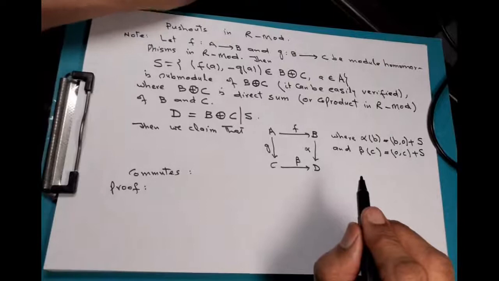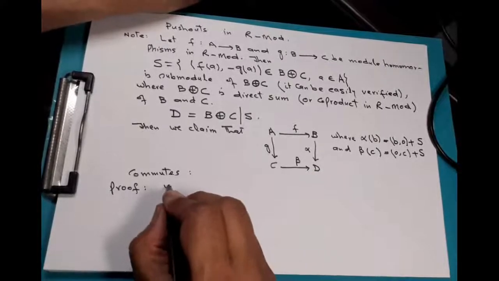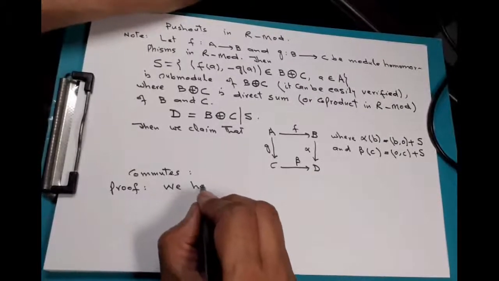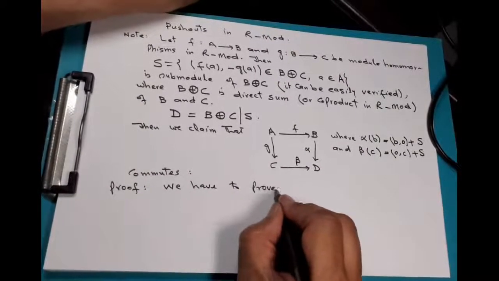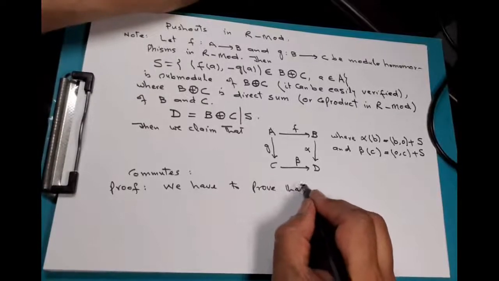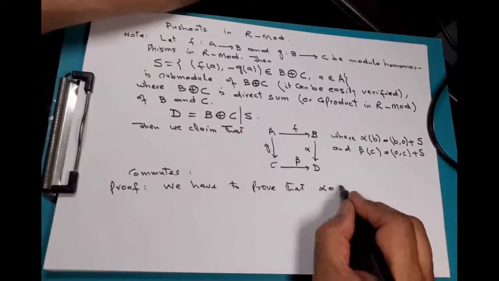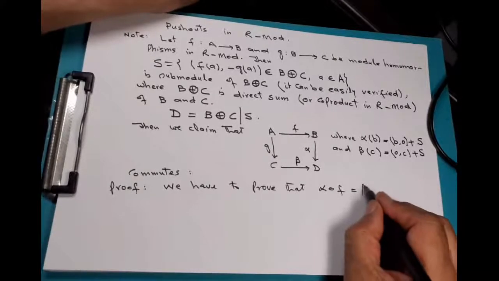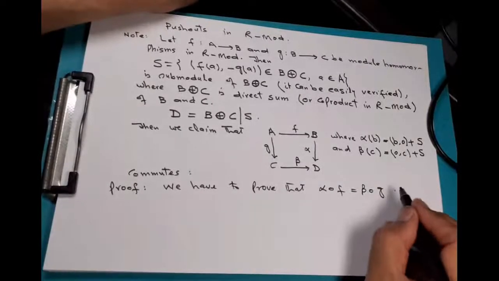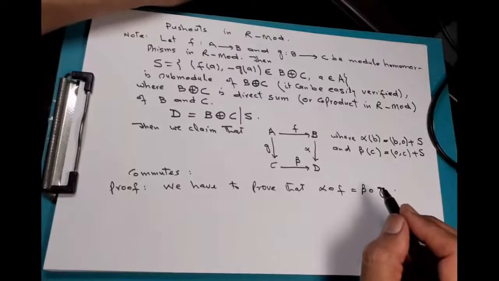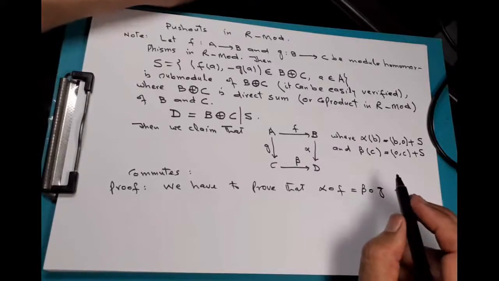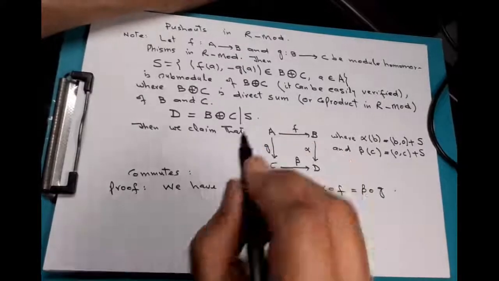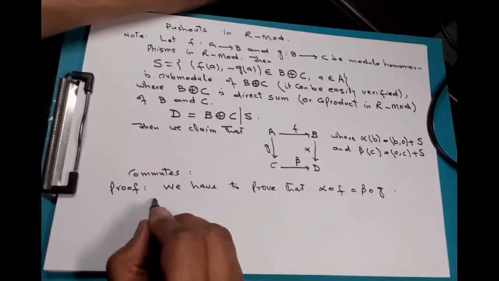We have to prove that alpha composed with F is equal to beta composed with G. So to see this, let's see the effect of alpha composed with F on an element of capital A.